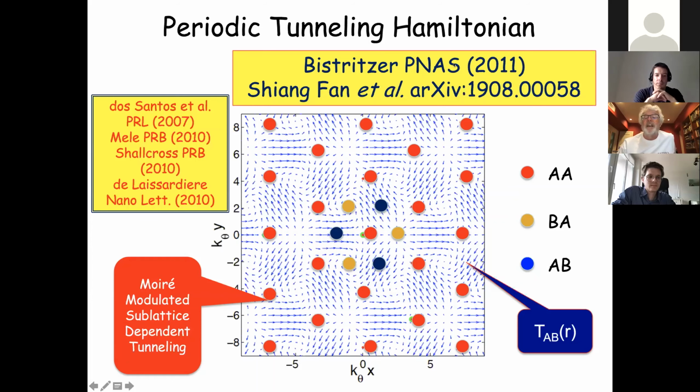And in this theory, those tunneling amplitudes are periodic functions of position with the periodicity of the Moiré pattern and with the expected symmetries at the high symmetry stacking points. So for example, at AA points, there's no B sublattice to A sublattice tunneling, which is a complex number indicated by blue arrows here for amplitude and phase.